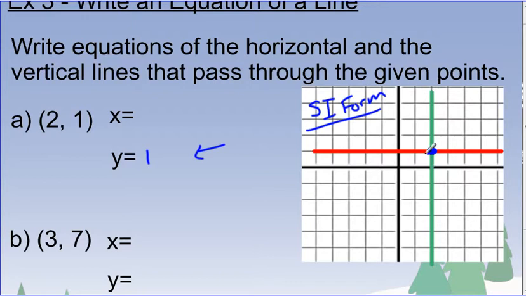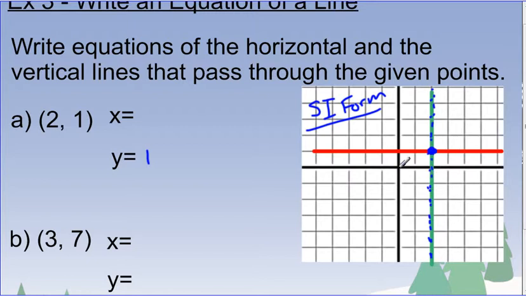The slope is literally undefined because it has this straight up and down line. So slope-intercept form doesn't quite work for us here. But we can use this idea that we did for the y value. Every single point on this line, what's common about it? Well, they all have an x value of 2.